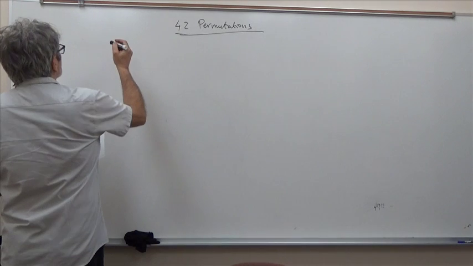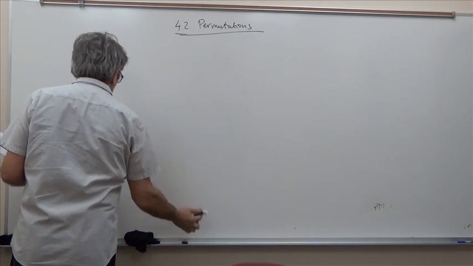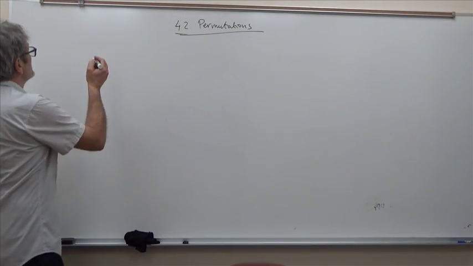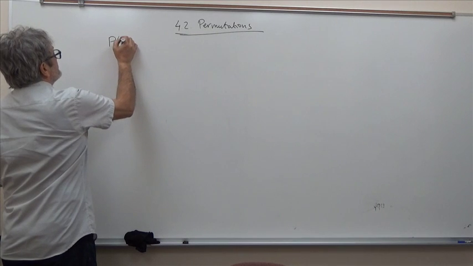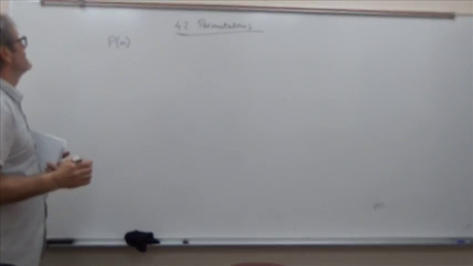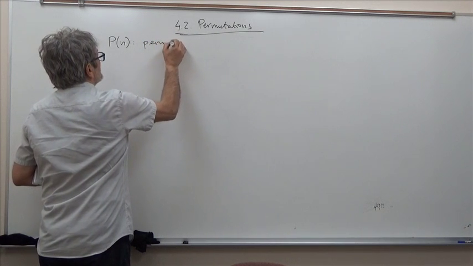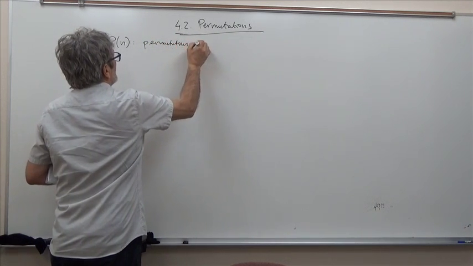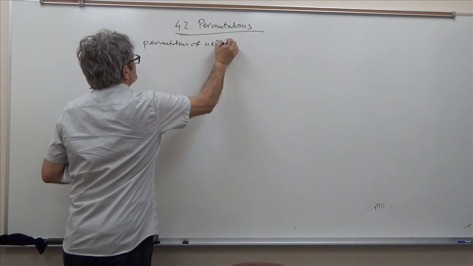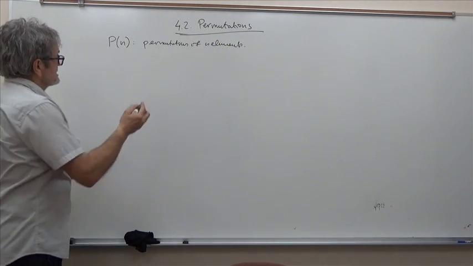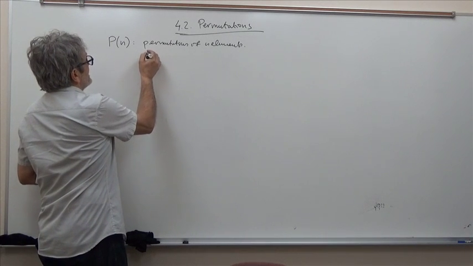So the theorem says, theorem 4.1. Actually, I cannot state the theorem before I say what it is. So what is P of n? Configuration P of n. So permutations of n elements. What is this? It is a list of n elements.